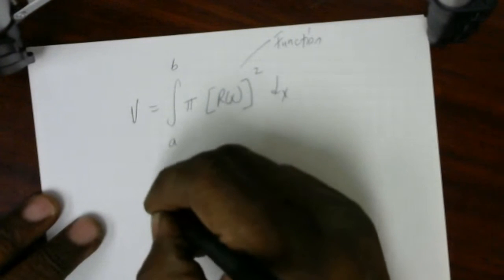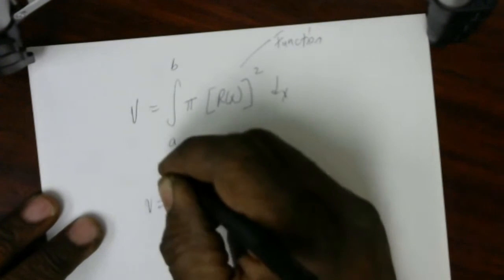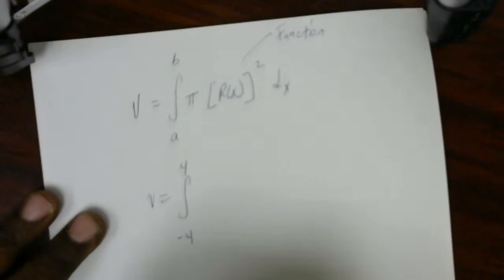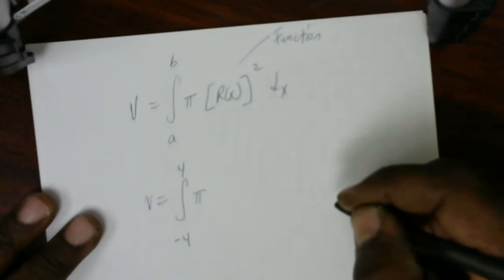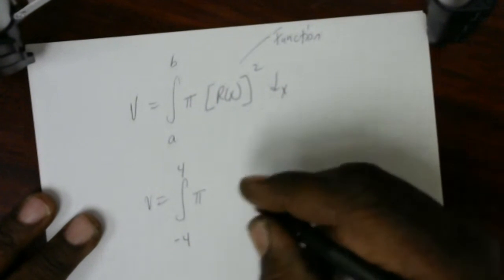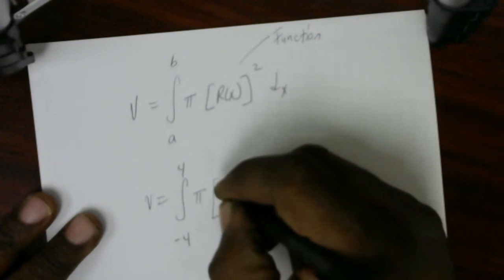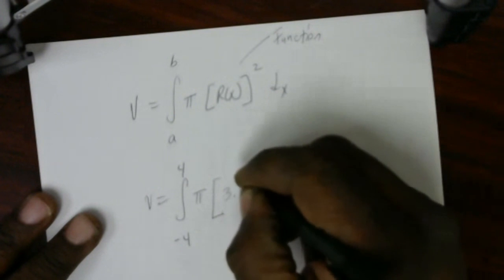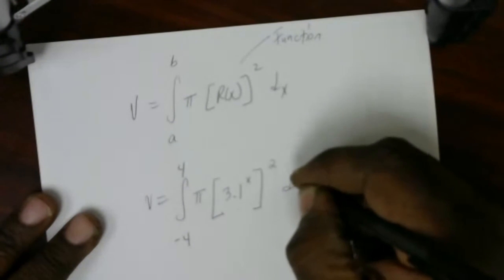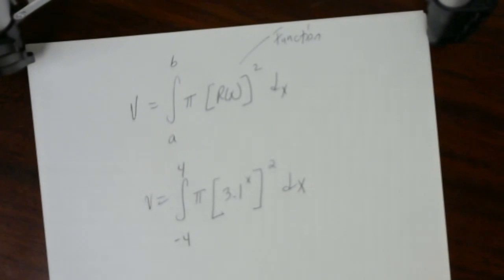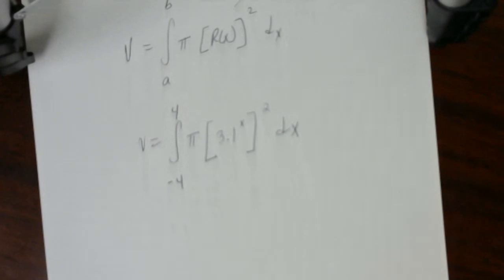So we have the integral from -4 to +4 for pi times the radius, which is our function, and that function was 3.1 raised to the x power squared dx. Right, so this is what we're going to integrate in the calculator.